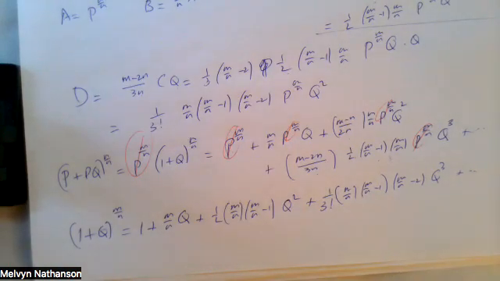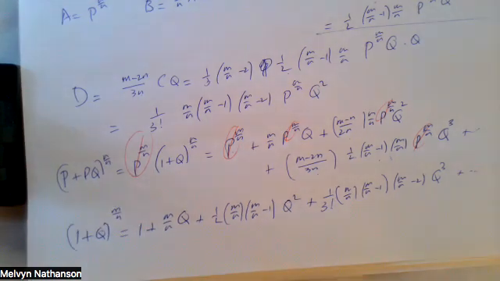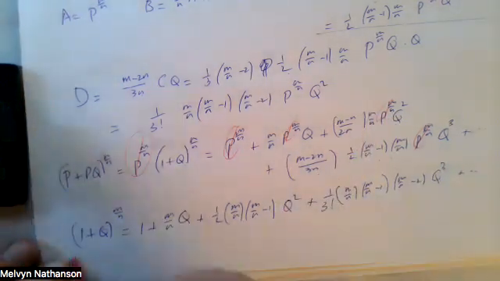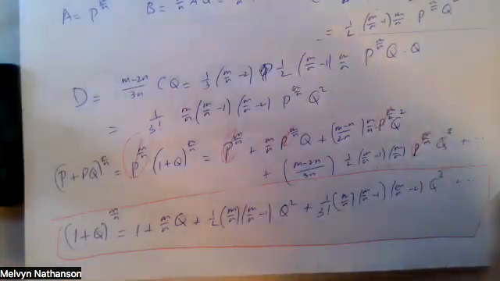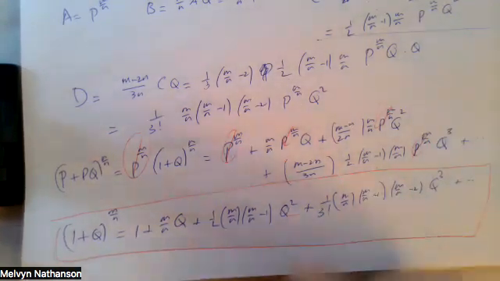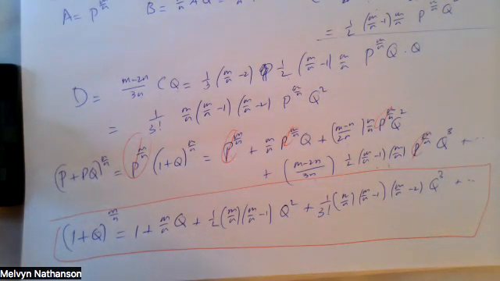So just simplifying by canceling out the P^(m/n), this is Newton's binomial theorem.